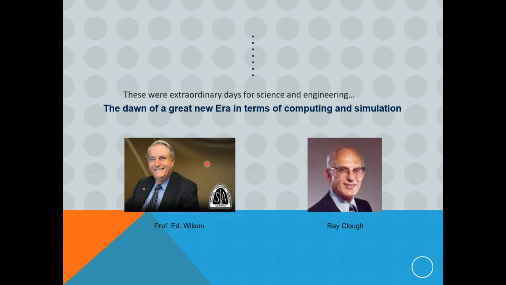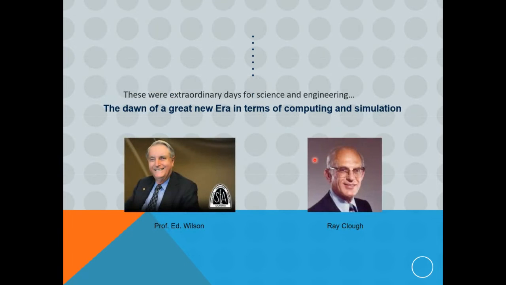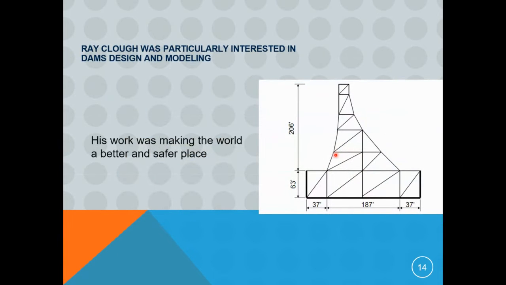Then a new era came. Professor Wilson and Professor Clough introduced earthquake engineering at that time, because there were many big earthquakes in California in 1980 or 85. They thought that structures would not sustain the earthquake forces, so they introduced more advanced dynamic analysis in the software. They also needed more complicated and accurate software.